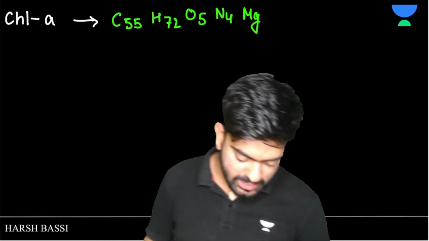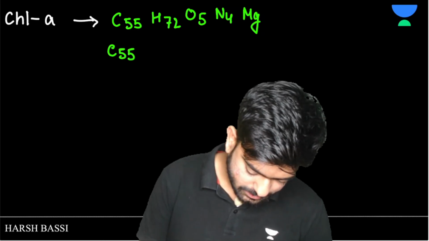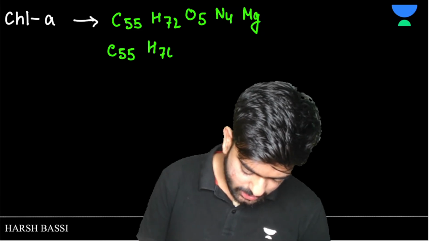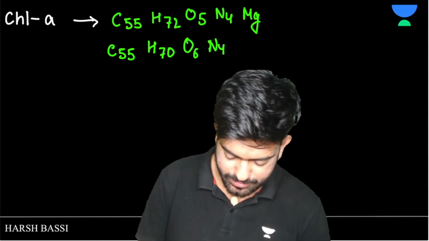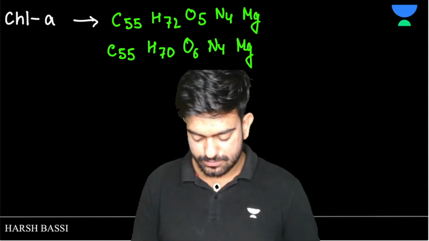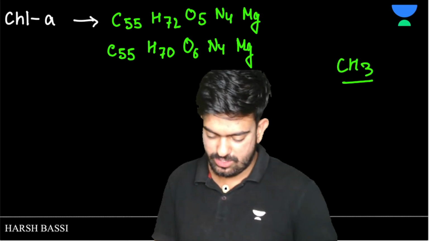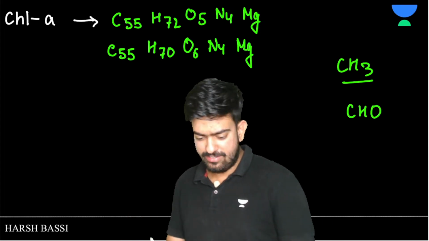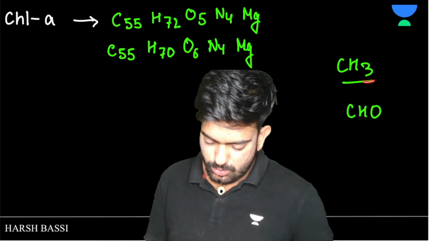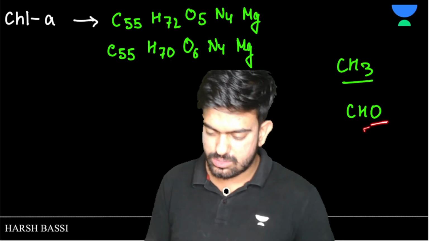What is chlorophyll B, sir? C55H70O6N4Mg. Obviously, we have CH3; in place of CH3, we have added CHO. So what we have done is removed two hydrogens and added one extra oxygen.